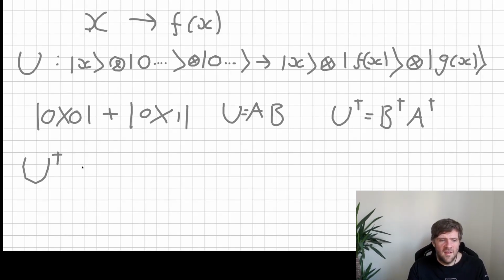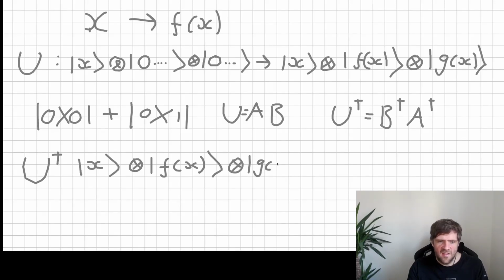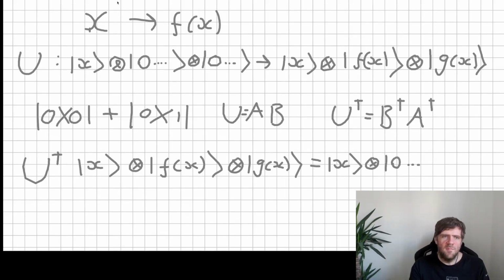And this means that we have the ability to take something that has some garbage and delete the garbage in a unitary way, because by taking this x, f of x, g of x, and applying the Hermitian conjugate of the computation, we get x and then a bunch of zeros, both for the register that would contain the output and also the register that would contain the garbage.